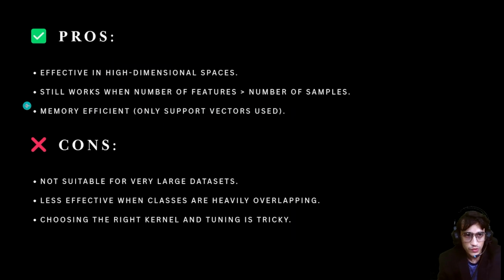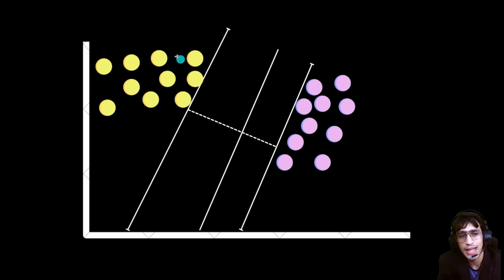Now let's see some pros and cons. First of all, it is effective in high dimensional space. Now you will ask, what is high dimensional space? We will cover this when we cover what kernels are. Secondly, it still works when the number of features is more and the number of samples is less. So, when the number of features, like this ball is yellow, round, is much greater and the number of samples is much lower.